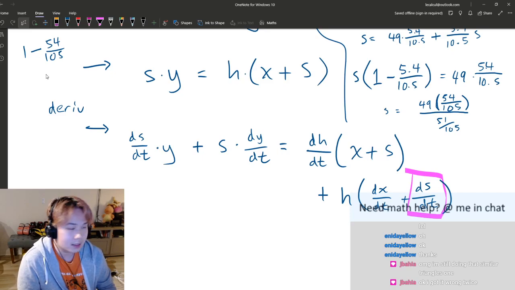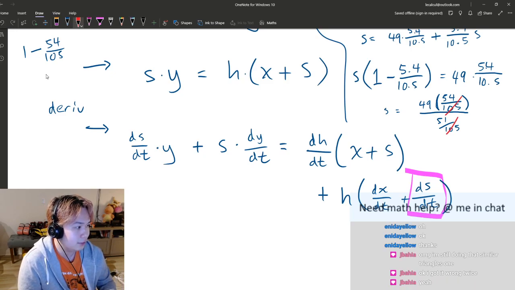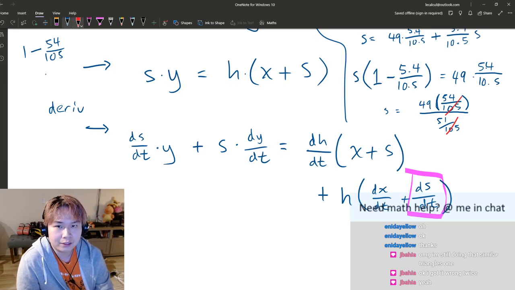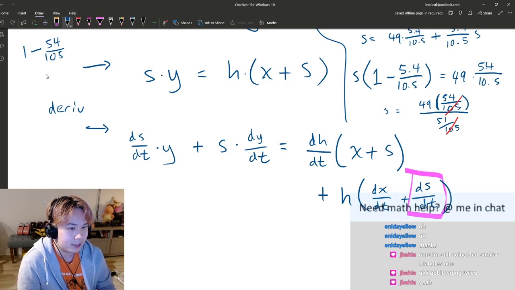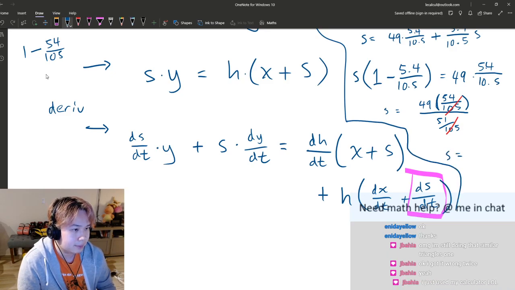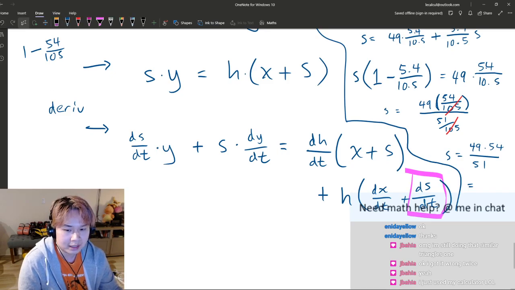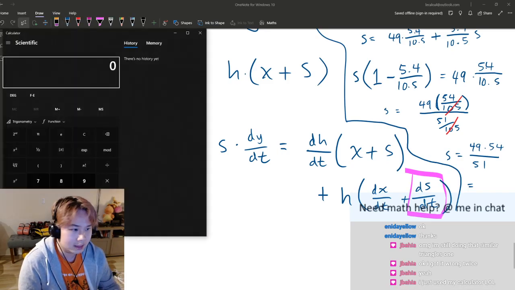Are you following me, Jazz? I'm kind of skipping some steps here and there. The 105s, this 1 over 105, and then this 1 over 105 will cancel out. So you're left with a slightly nicer fraction for S. So S is 49 times 54 over 51, and then this is going to be some nice, well, not so nice, but it's going to be a fraction.